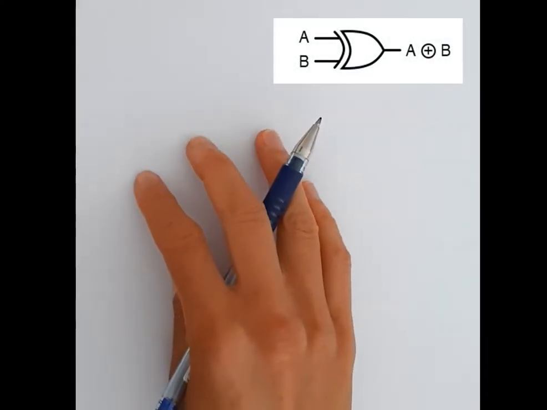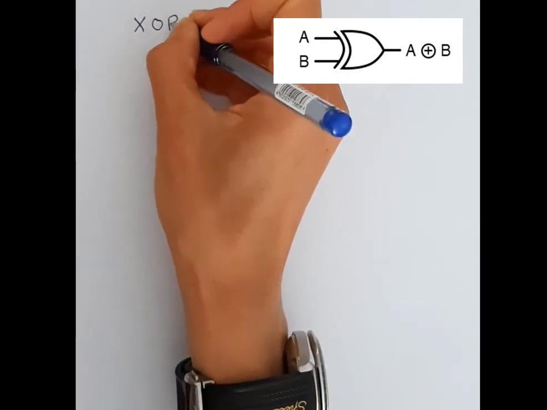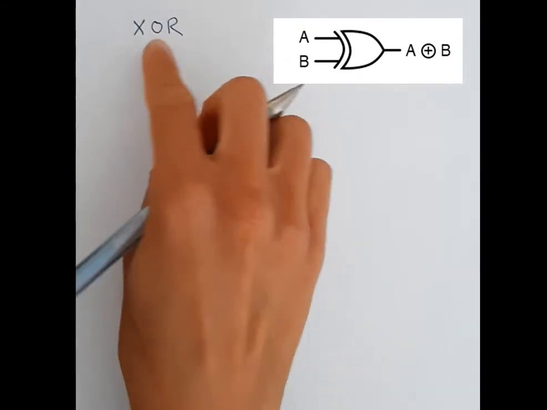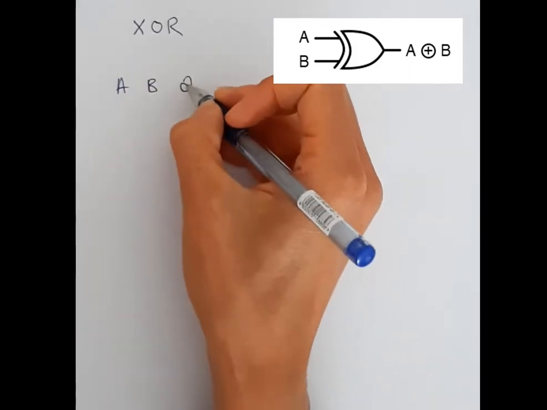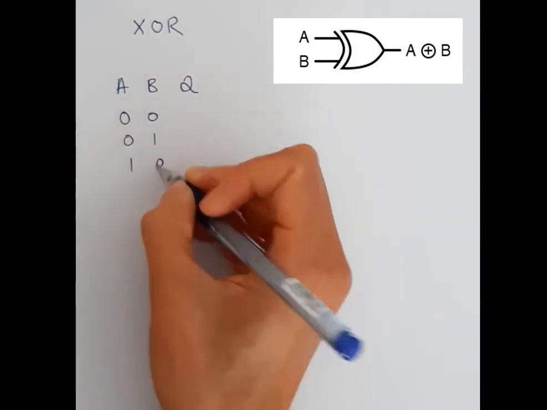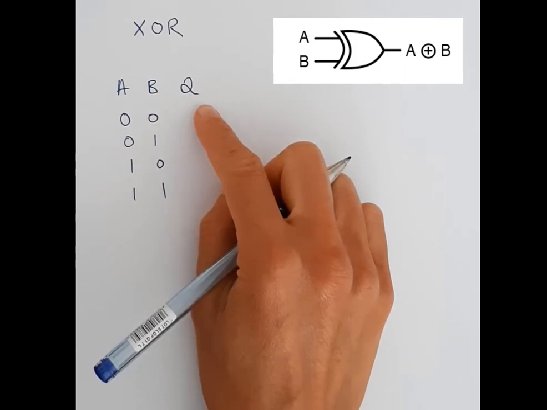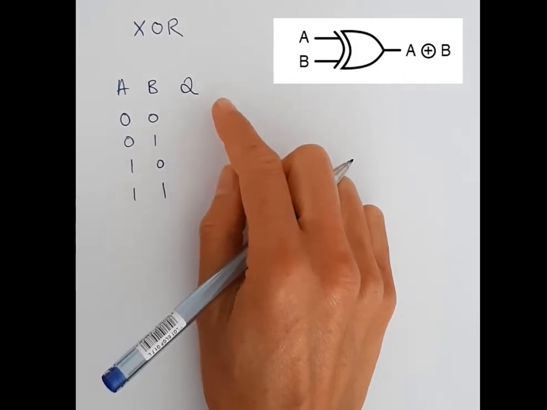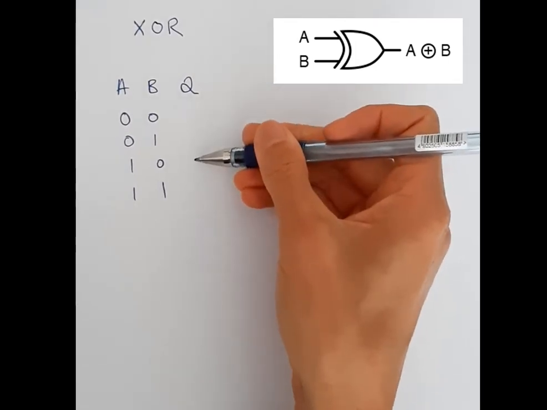Just two final types of gates to talk through. The first is an exclusive OR gate. Well, what does that mean, exclusive OR? Well, with a normal OR gate, you have Q, the output is 1 when A or B are 1. So that would give you 0, 1, 1, and 1.